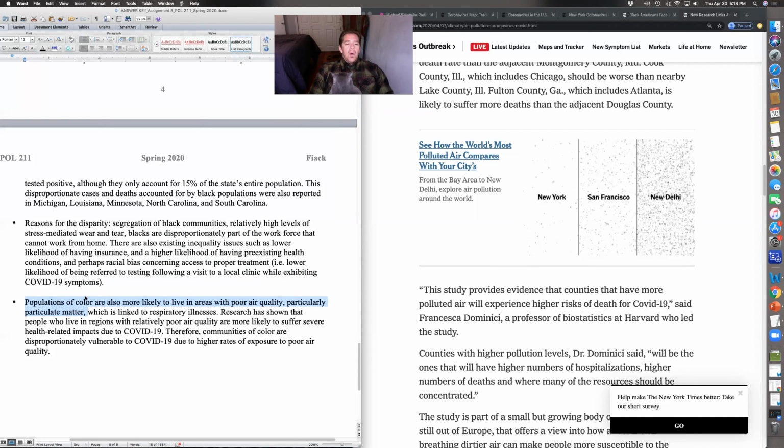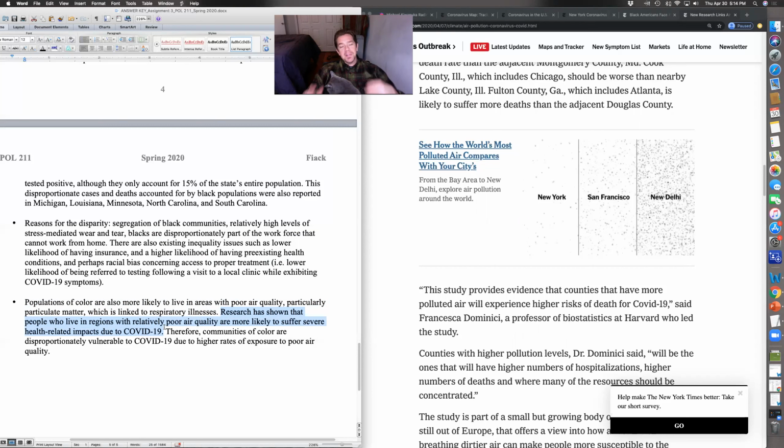So you have populations of color that are more likely to live in regions with poor air quality, particularly with respect to particulate matter, and are therefore more likely to have respiratory illnesses like asthma and things, right? And so research has shown that people who live in regions with relatively poor air quality are more likely to suffer severe health-related impacts from COVID-19.